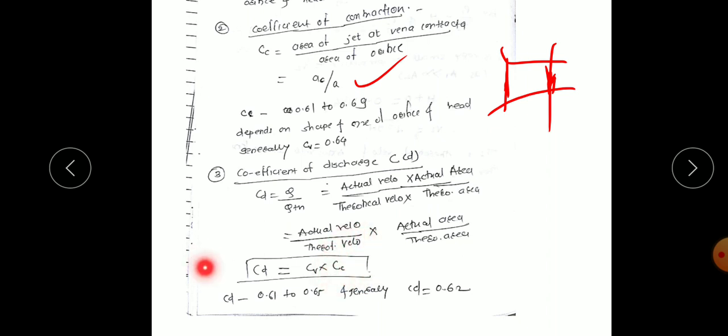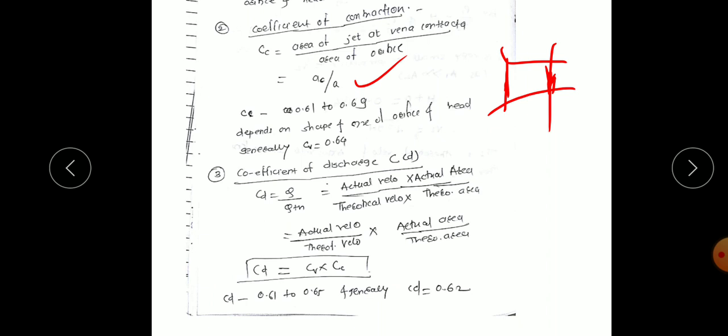So Cd, the coefficient of discharge, we can determine as Cv into Cc. These values are determined by experimentation for different sizes of the orifice. Each size or type of orifice has its own value of coefficient of discharge. Normally the coefficient of discharge is 0.6 to 0.65.